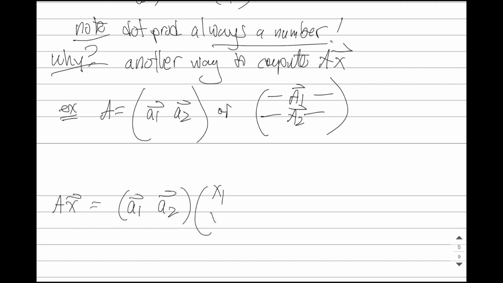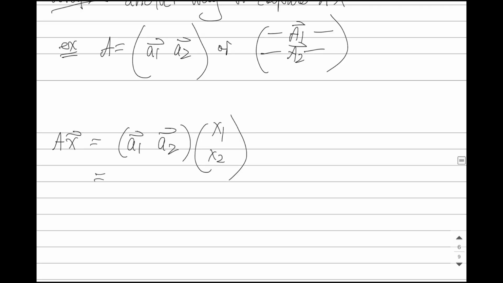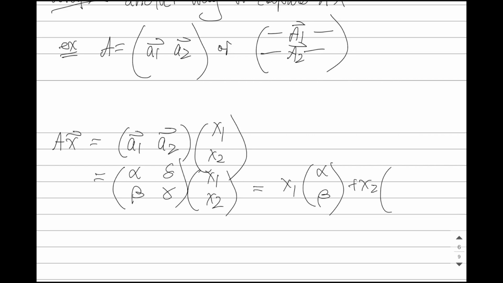If these 2 columns look like this, alpha, beta, delta, and gamma, the definition says I'm going to have x1 weighting this first column, alpha, beta, x2 weighting the second column, delta, gamma.